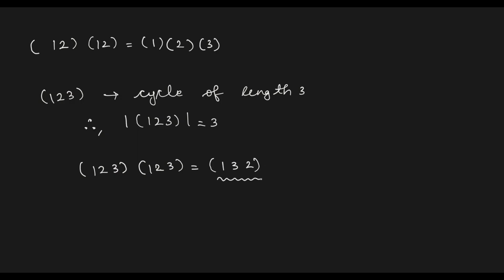I am not getting the identity element, so I will multiply this again. (1 2 3) into (1 3 2). So 1 goes to 3, 3 goes to 1, 2 goes to 1, 1 goes to 2, 3 goes to 2, 2 goes to 3. Now this is identity.